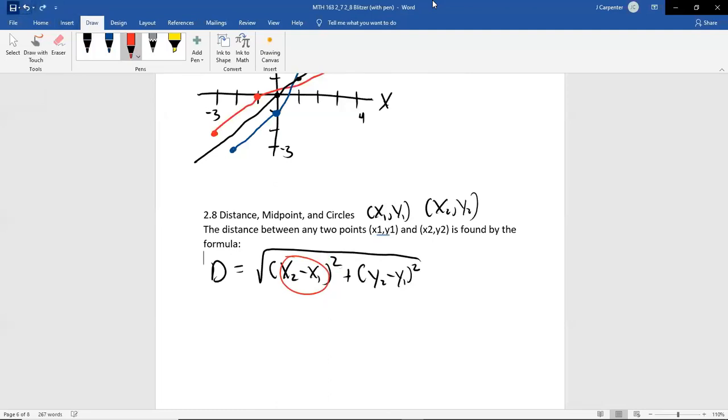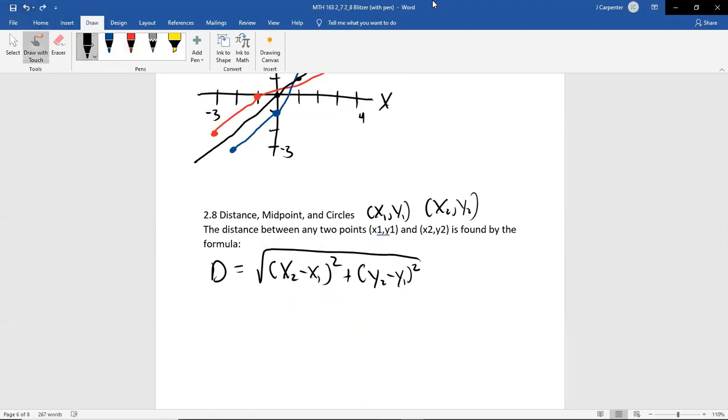Also, the order that you write these parentheses is interchangeable, because this is just going to be some number like 16, and this is going to be some number like 25. 16 plus 25 is the same as 25 plus 16. There are tons of things you can get wrong and still get the right answer. Now, what you can't do is put a y value here and an x value here. That would definitely give you a bad answer.